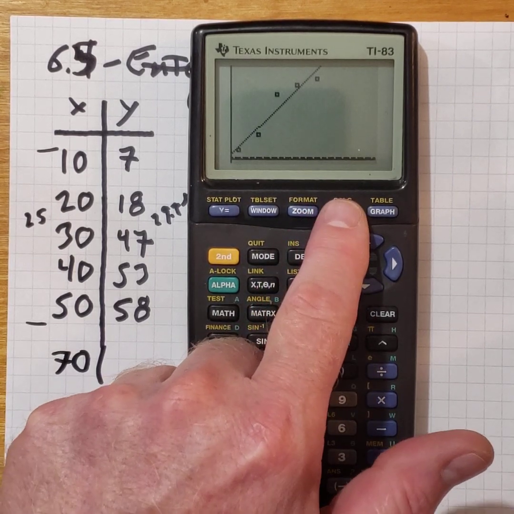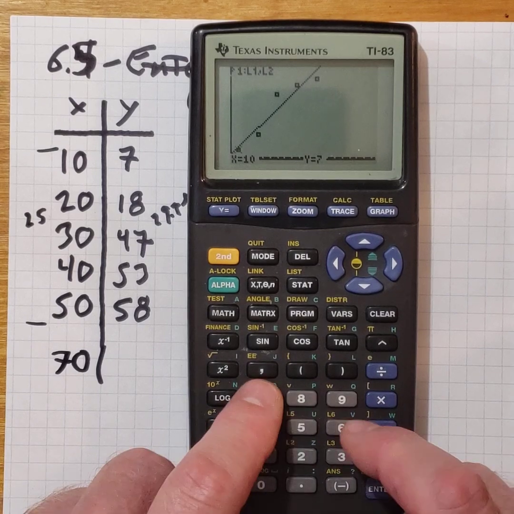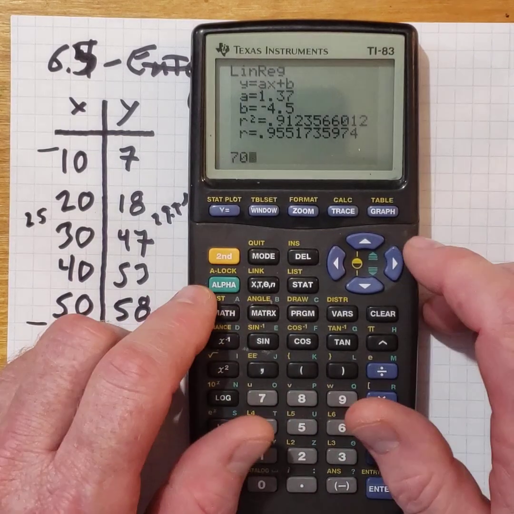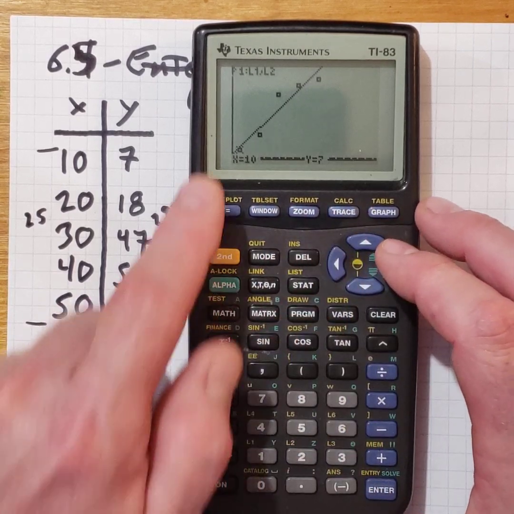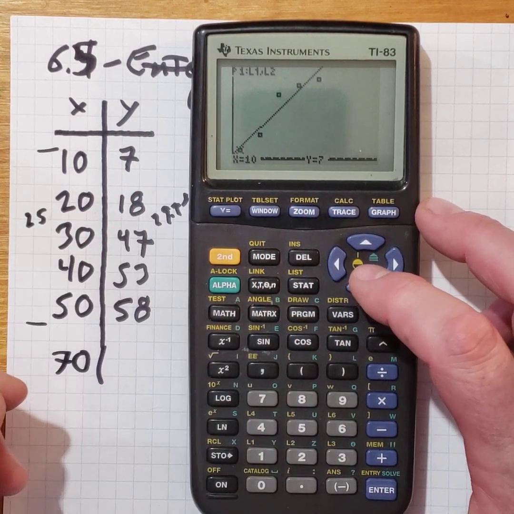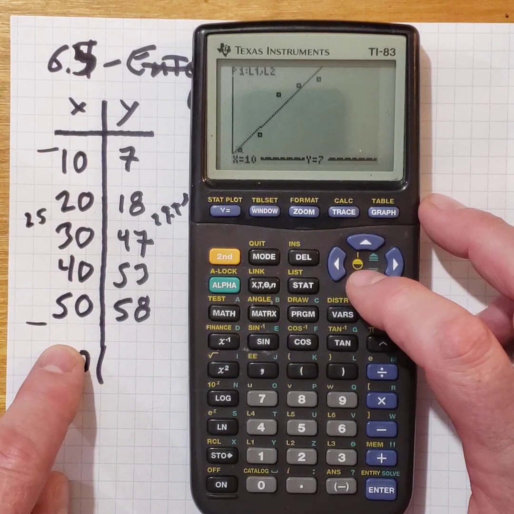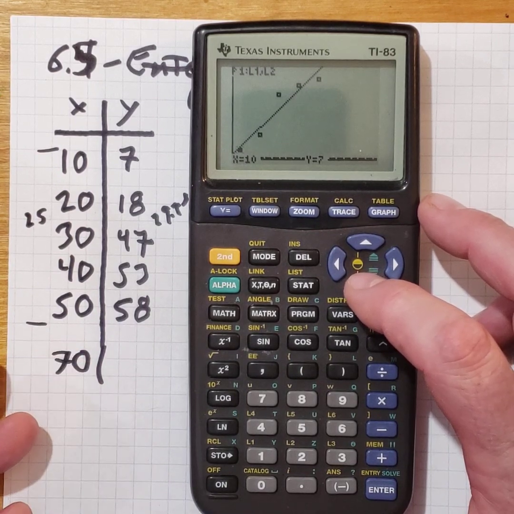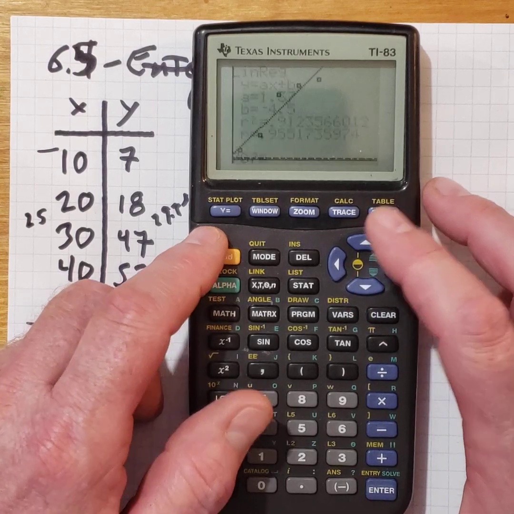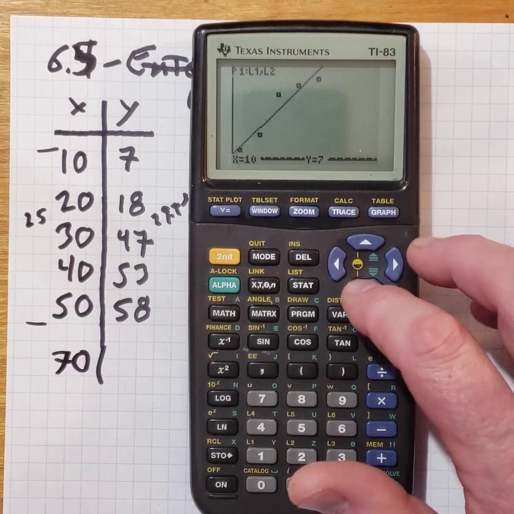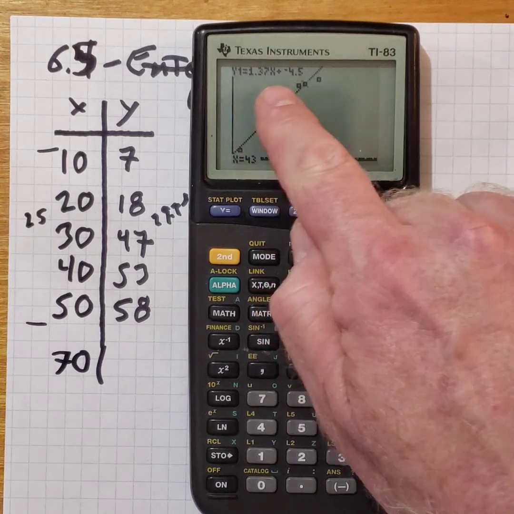So now if I go to trace and put in 70, whoops, I hit trace and I was on my points. I try to put in 70. I don't have a point for 70, so it gives me an error and throws me back to the home screen. So I do trace and then up arrow or down arrow to get back to my line.